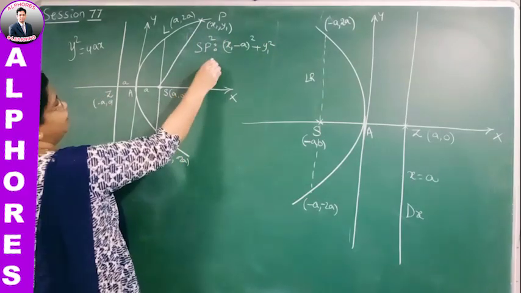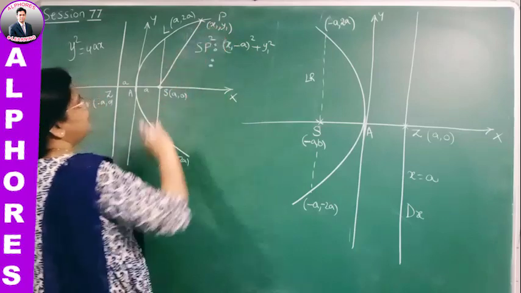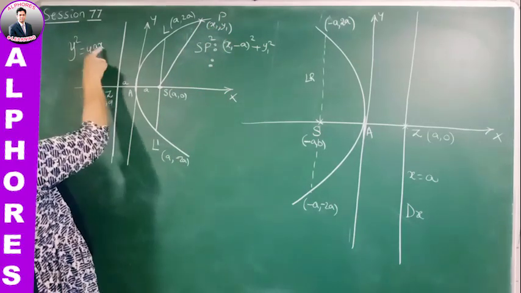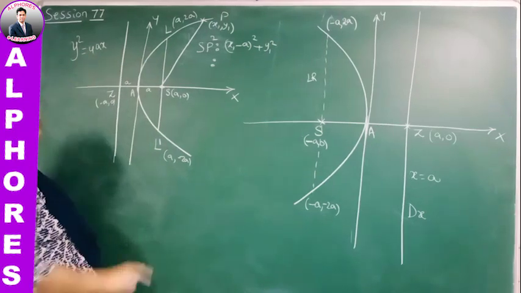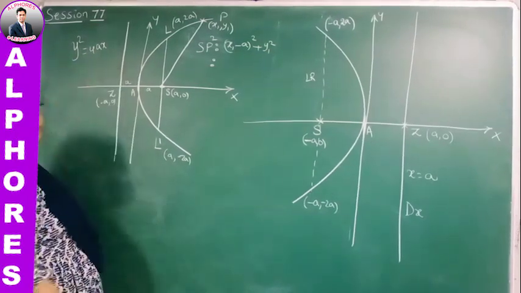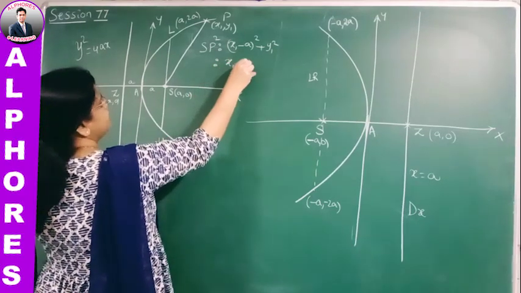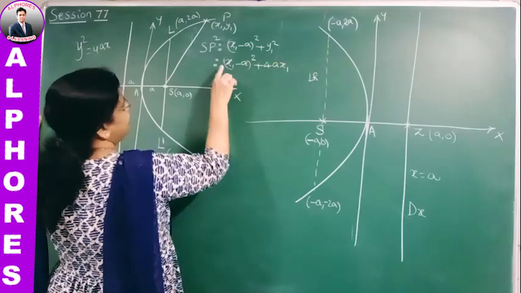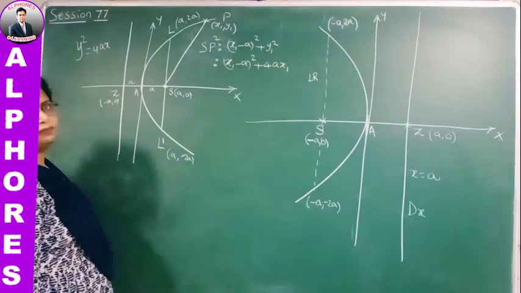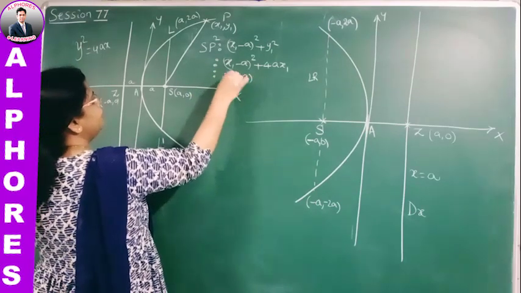Now x1 comma y1 is a point on the standard parabola, which implies it has to satisfy this equation. That implies y1 square equals 4ax1. Therefore I write x1 minus a whole square plus 4ax1, and by the formula a minus b whole square plus 4ab, this is x1 plus a whole square.